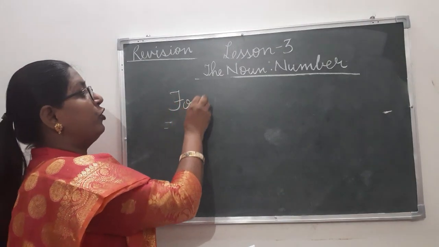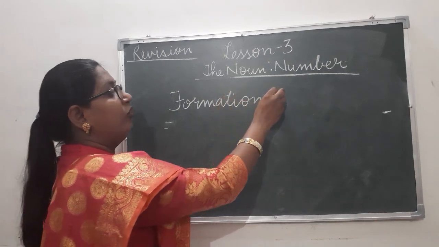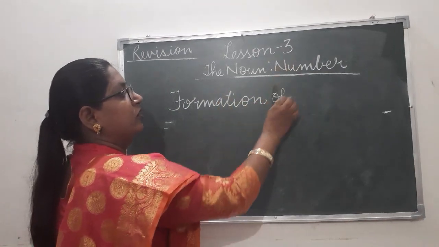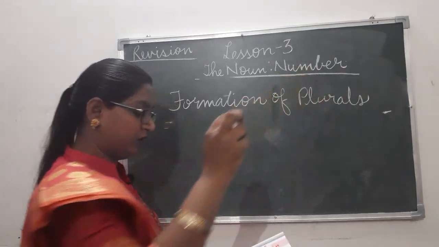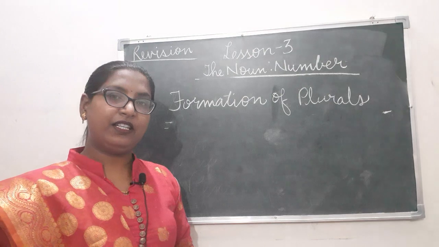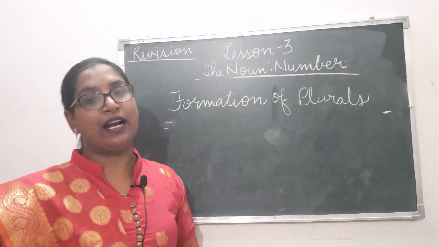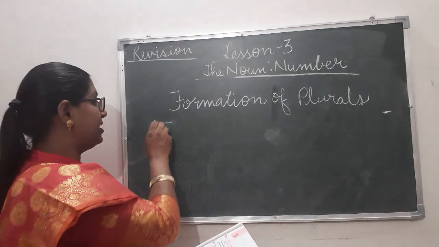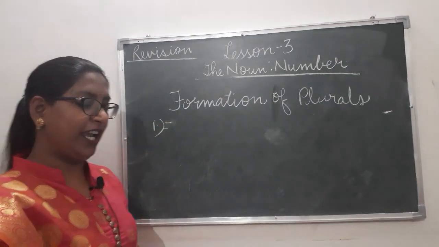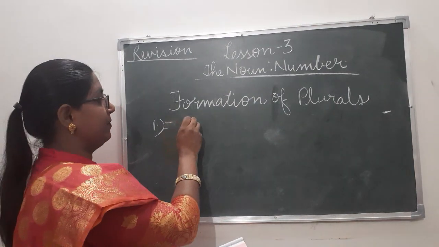Let us learn about the formation of plurals. My dear children, there are certain rules regarding the formation of plurals. The first one is by changing F or FE into VES.